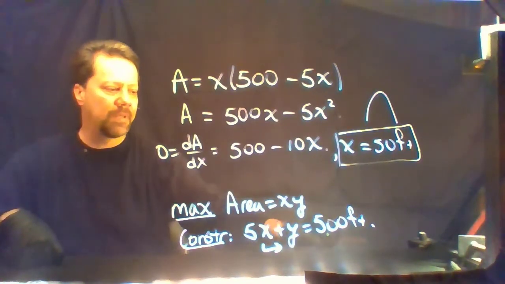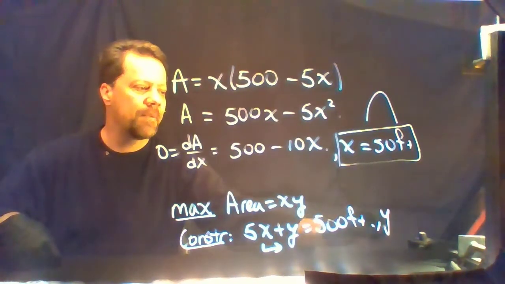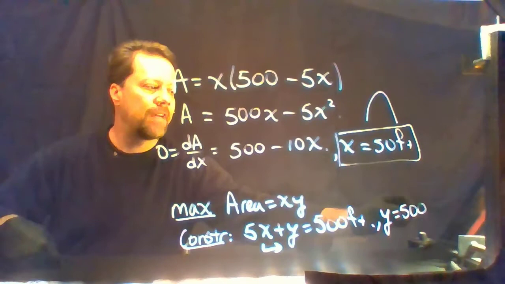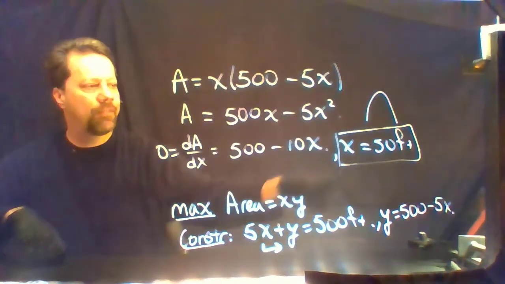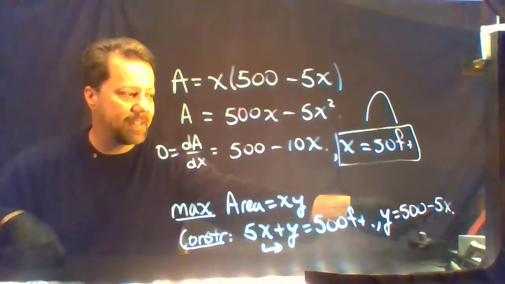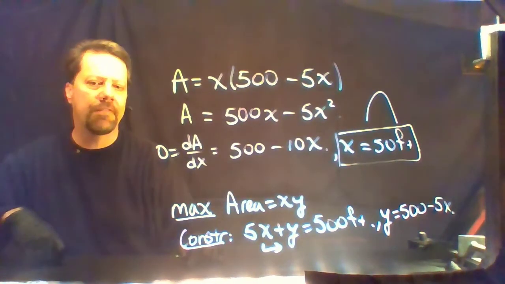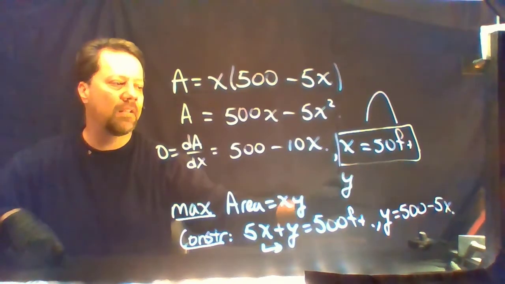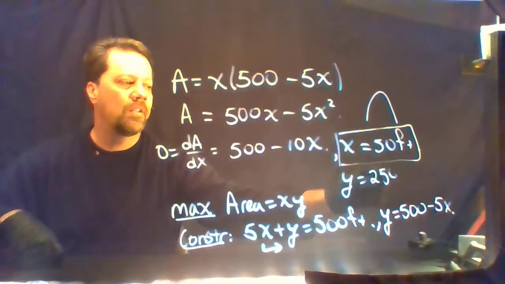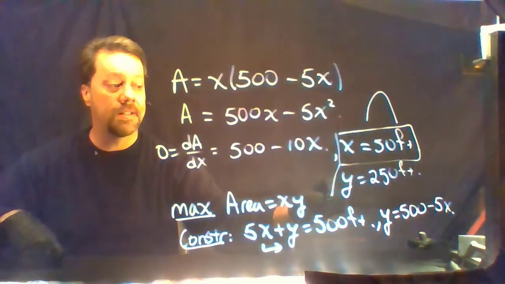The width, as you'll recall, is determined by y equals 500 minus 5x. If we plug in 50 for x here, 5 times 50 is 250. 500 minus 250, y is going to be 250 feet, which means this is one big barn.